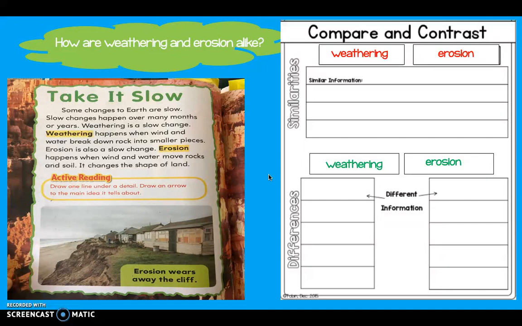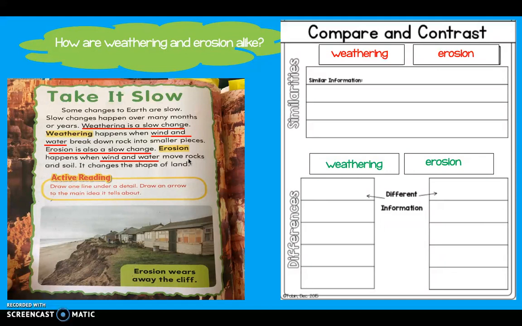Okay, let's see how you did. This is what I said about how they're alike. Let's see if you agreed. I found that weathering is a slow change and erosion is also a slow change. Did you and your partner say that? I hope so. Good job if you did. I also found another way that they're similar.